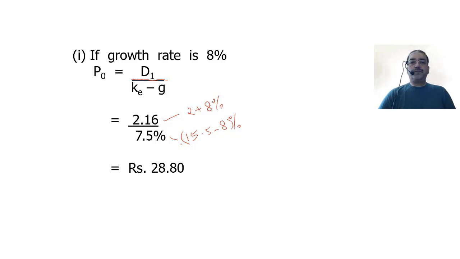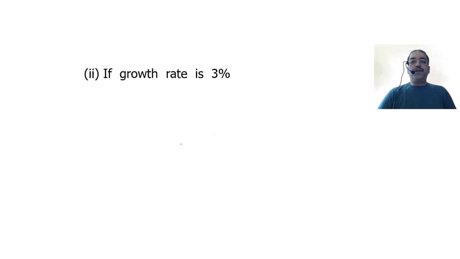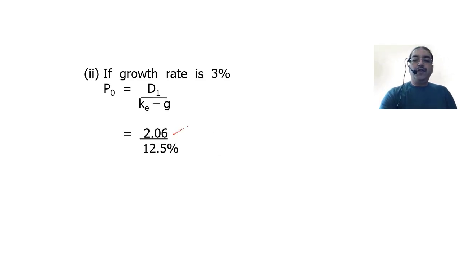Clear? Case 2 is if the growth rate is 3%. Formula is same, D1 upon KE minus G. Now D1 will be 2.06. How do I get this 2.06? It is 2 plus 3%. How do I get 12.5%?